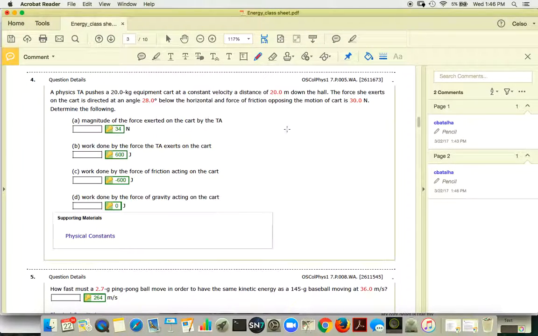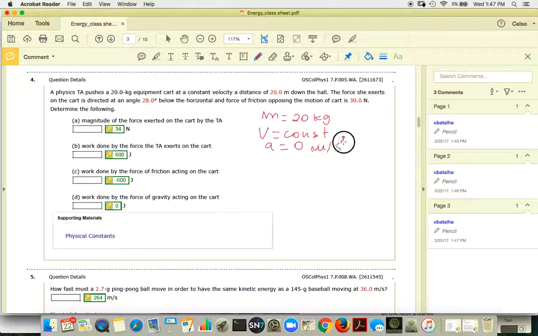A physics TA pushes a block that has a mass of 20 kilograms. Velocity is constant, which means acceleration is zero. The distance is given, down the hall.